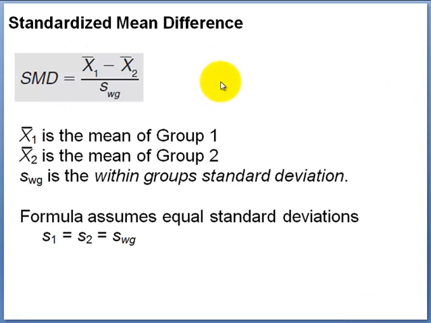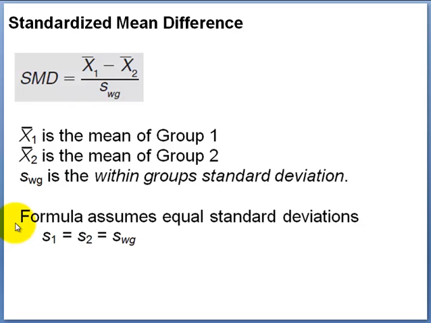Here's our formula for the standardized mean difference. So this symbol here conveys the mean in group 1. We're going to arbitrarily designate one group to be group 1 and the second to be group 2. Here's the mean of group 2. Here's the standard deviation, and more particularly, this is the standard deviation within groups.